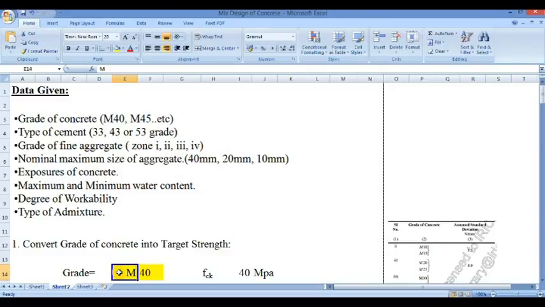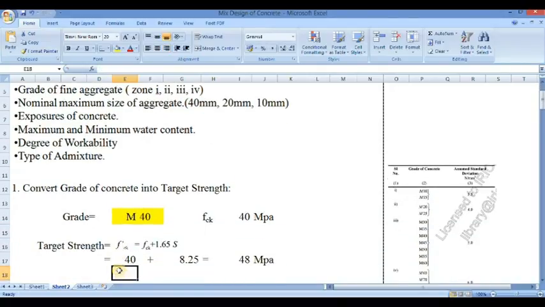As per code, first you have to convert your grade into target strength. What is target strength? Grade means when you cast your concrete, after 28 days of your casting, you take a cube and when you test it under compression, you get 40 MPa strength.